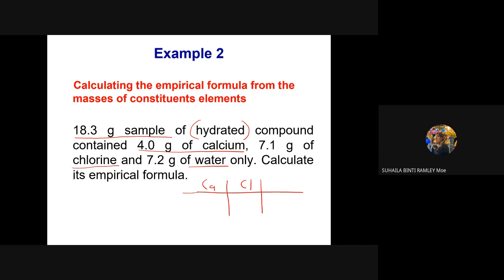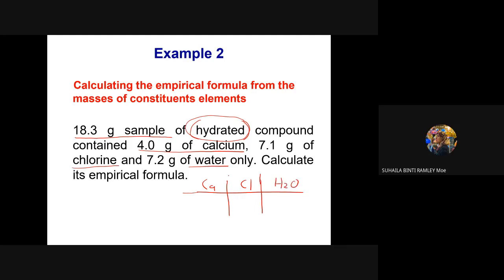So in this question, because this is hydrated compound, hydrated means, pernah dengar hydrated kan? Pernah. Hydrated means water.